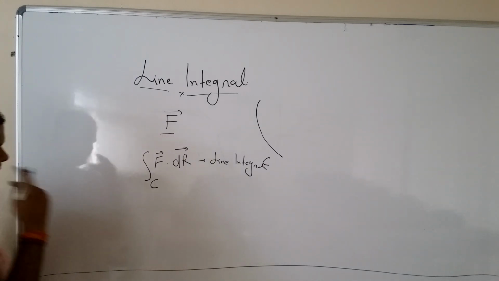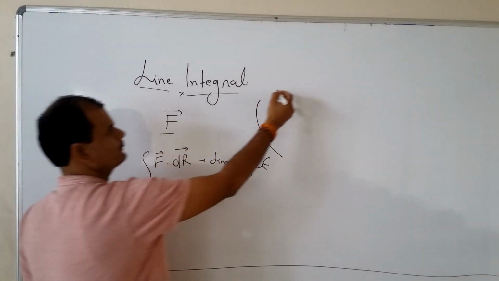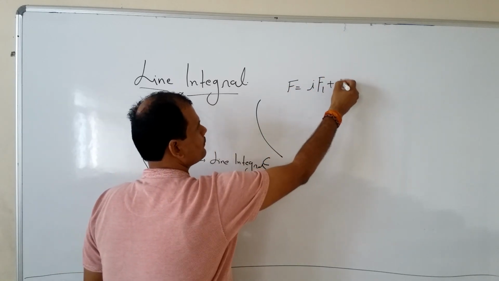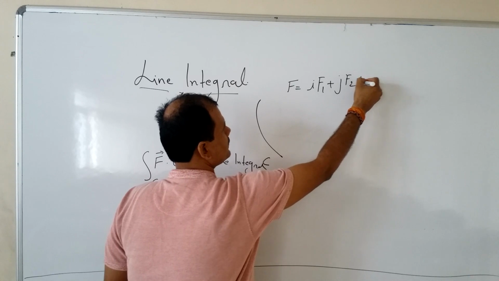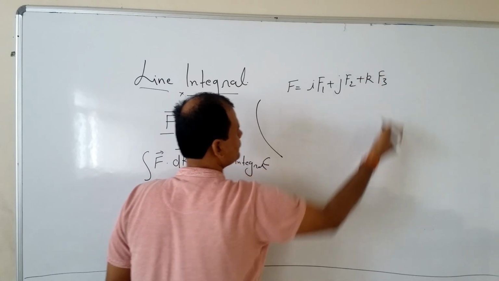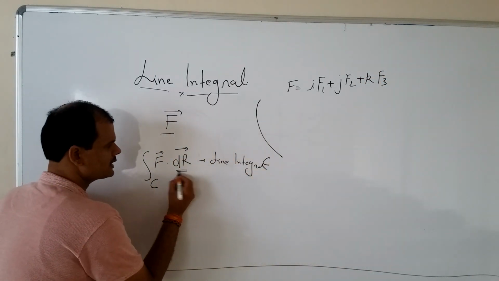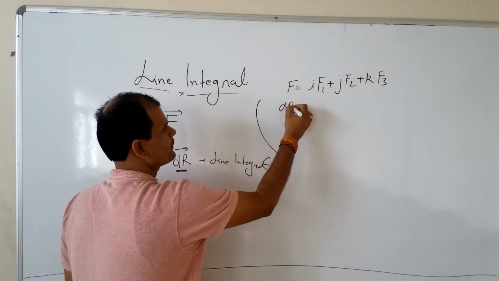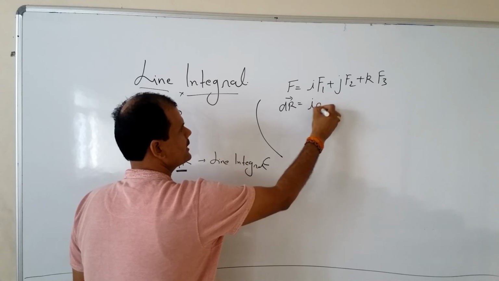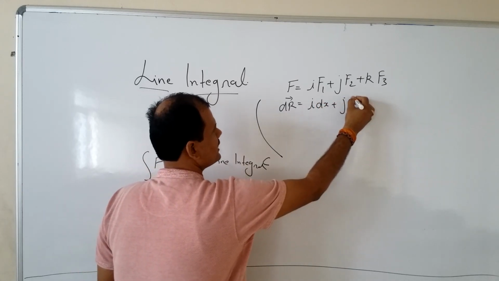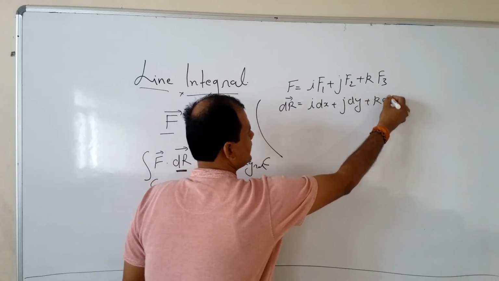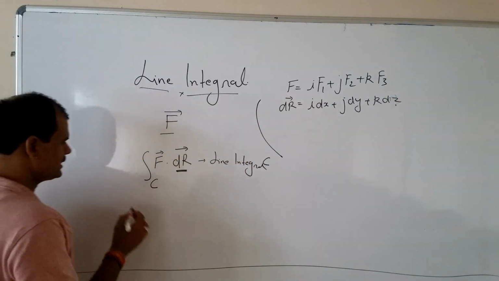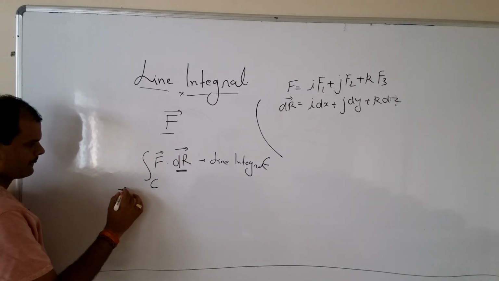So let F equal to i F1 plus j F2 plus k F3, and this dr is the position coordinate, so dr will be i dx plus j dy plus k dz. Let us see what F dot dr is.